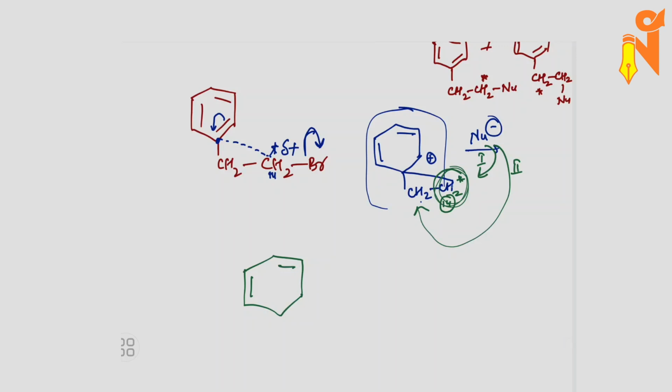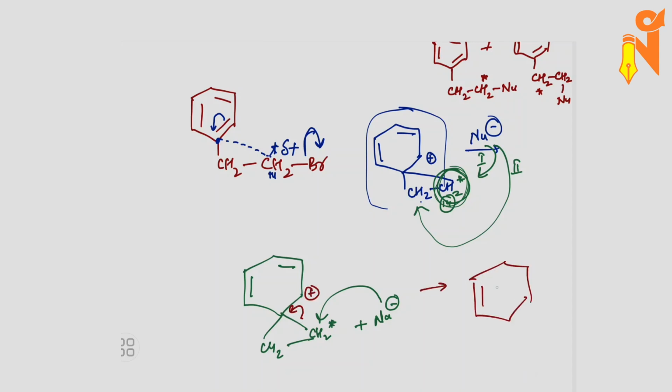If it is attacking on this circled carbon or star marked carbon, which is this, this is my star marked carbon, your nucleophile is going to attack here and this bond is going to cleave there. When that happens, your molecule will look like this. CH2, CH2 star and the nucleophile.